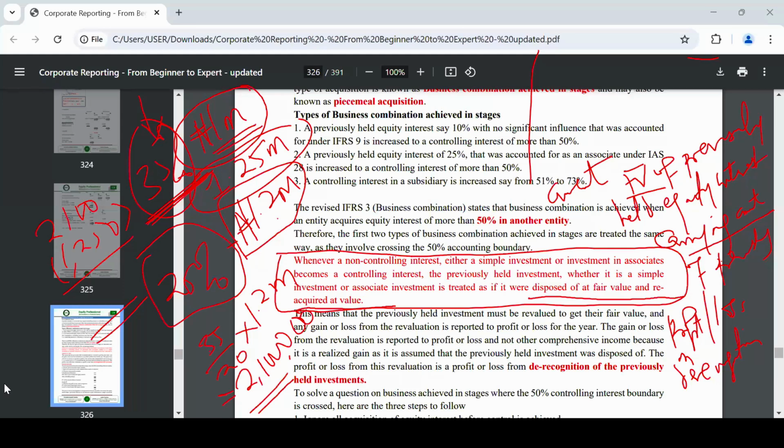Is this clear? I want to find out if it is clear. Before I move forward, is this clear? Sir, please can you come again with the last part, after we calculated the fair value?